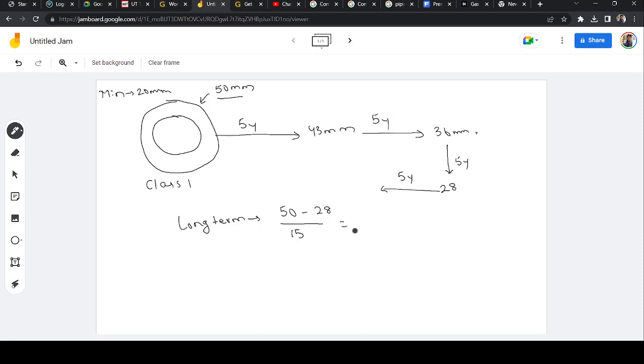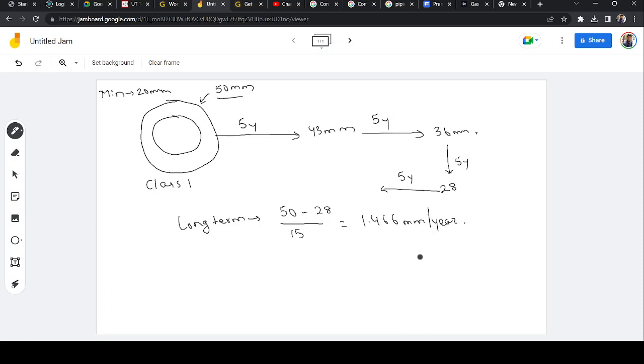Okay, so when we solve this, the answer that we are going to receive is approximately 1.466. So this much corrosion is happening per year. This is the long-term corrosion rate.